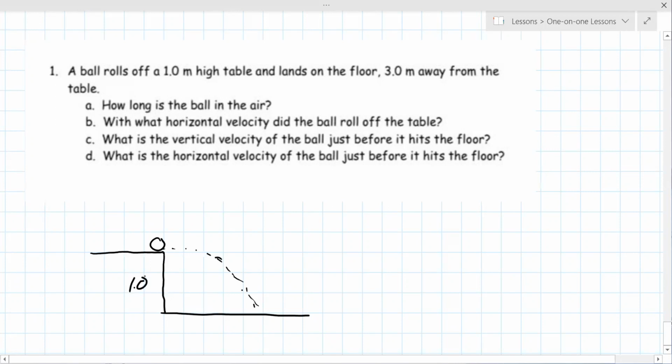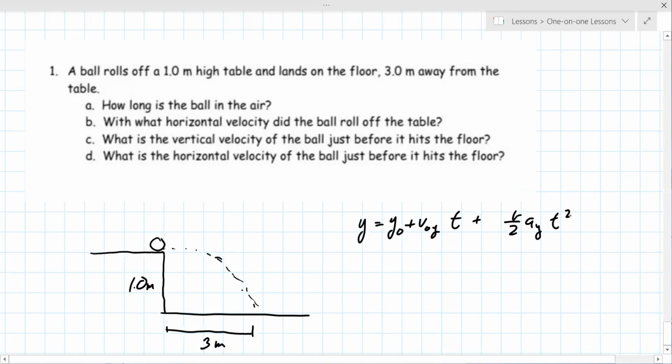The 1.0 meter high table, it lands 3 meters away. How long is the ball in the air? Okay, which equation do we usually use for time? The y equation. So we know that y equals y naught plus v naught y t plus 1/2 acceleration in the y direction times time squared.